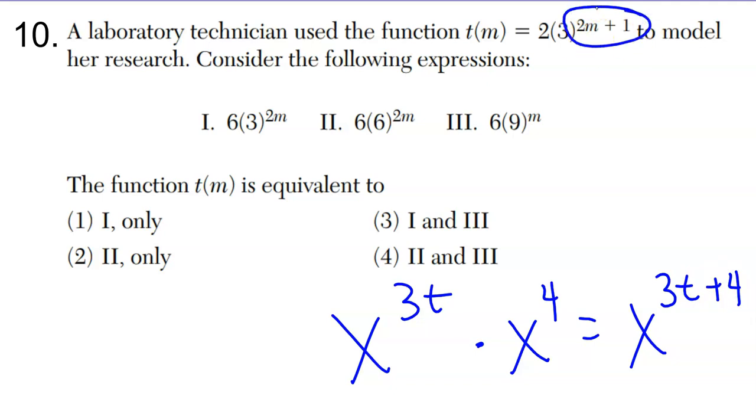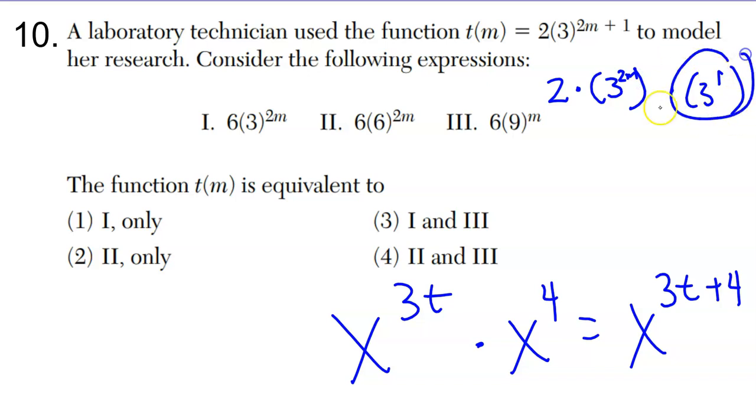So what I'm going to do is take this plus exponent and work it backwards. That means this used to be 2 times 3 to the something power times another 3 to the something power. And what were the two powers? Well, they were 2m and 1. Well, I can simplify this.